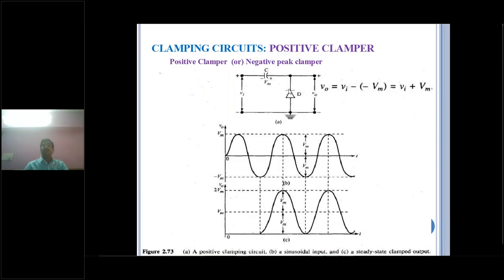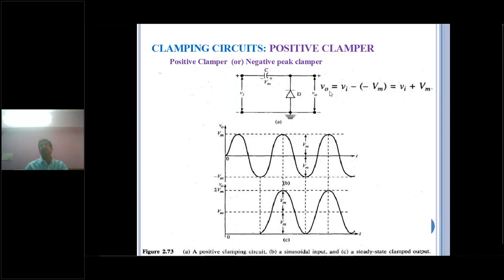Whenever the diode is in the on condition, the capacitor will be charging. The capacitor will charge to the negative peak voltage, from 0 to minus Vm. Now capacitor voltage Vc equals minus Vm. Output voltage across the diode V0 equals input voltage minus the drop across the capacitor, so Vi minus Vc, but Vc equals minus Vm.